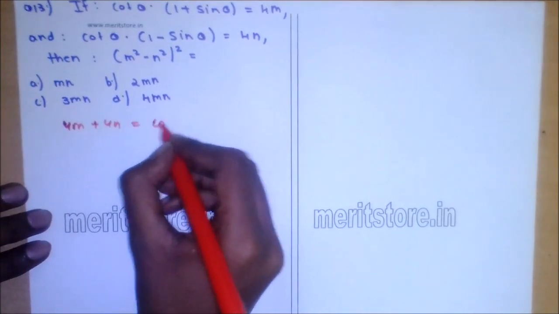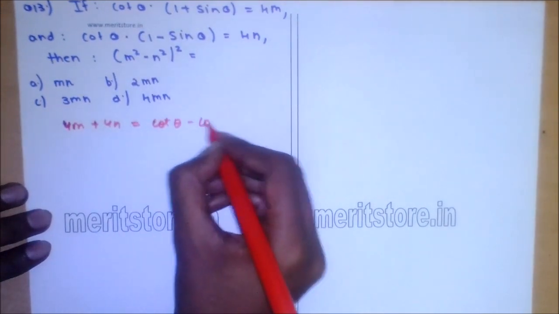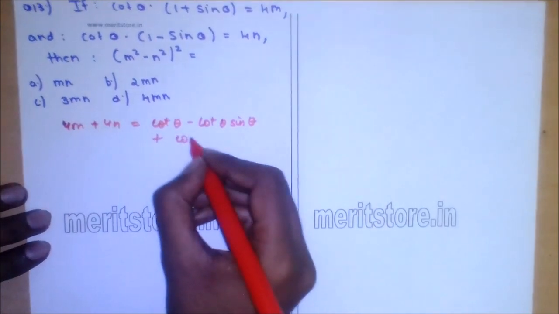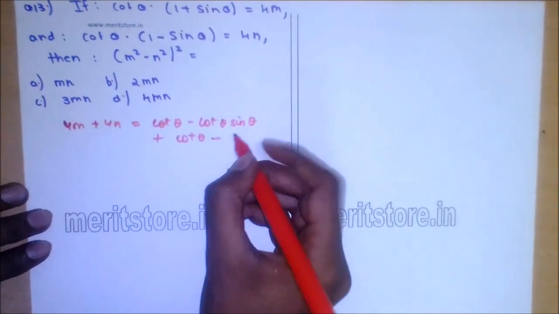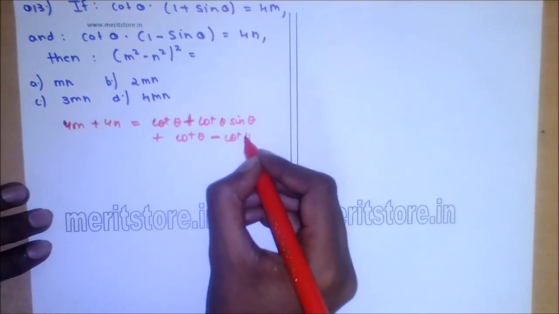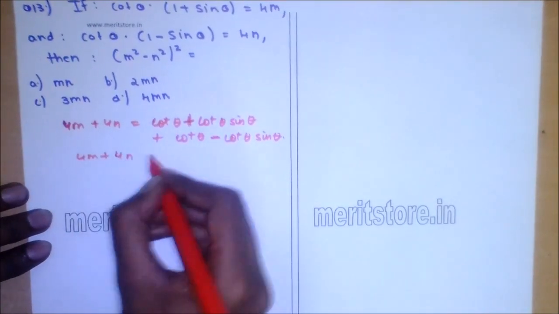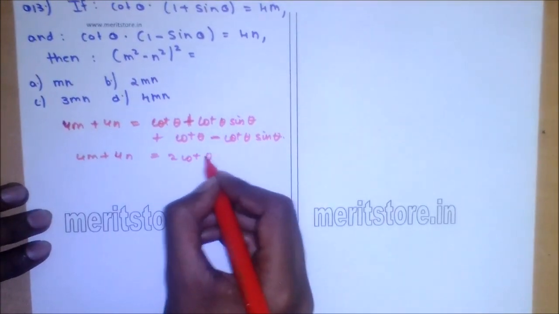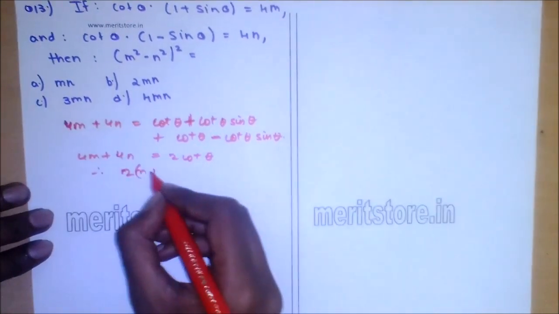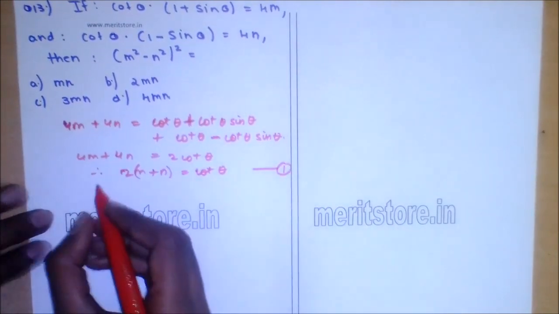This is equal to cot θ, we expand this, so cot θ sin θ plus cot θ minus, this is plus, minus cot θ sin θ. So 4m + 4n is 2 cot θ. Therefore 2 into (m + n) is cot θ. Let this be equation 1.